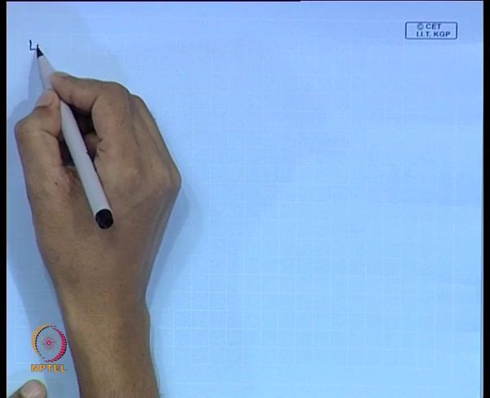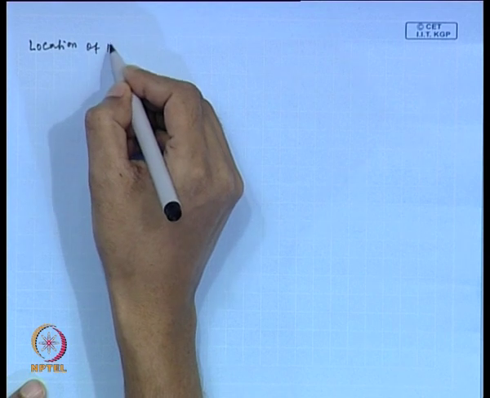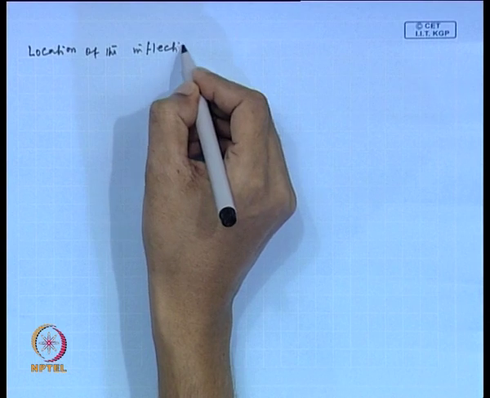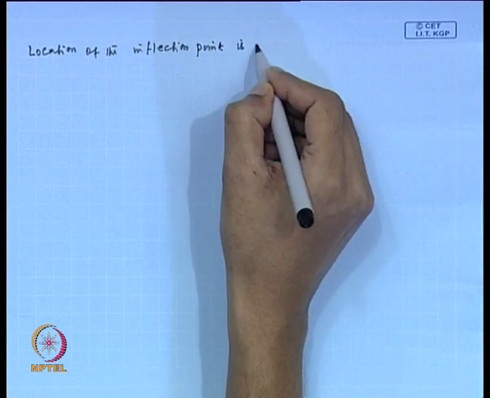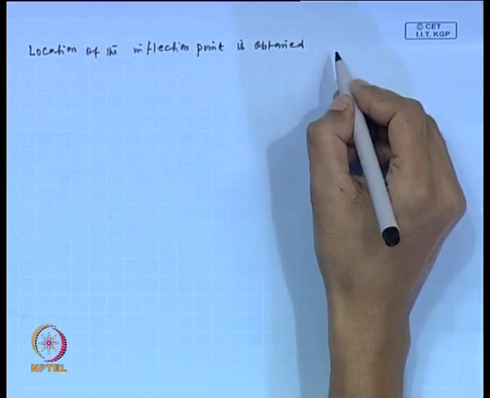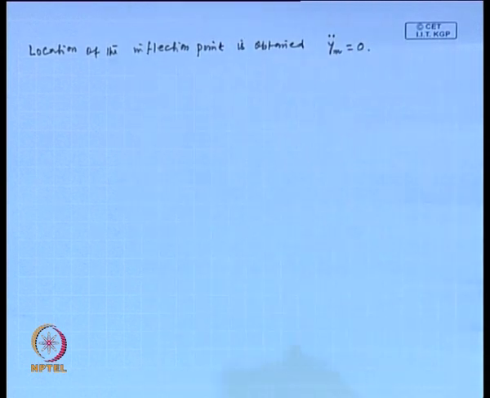The location of the inflection point is obtained by setting the second derivative equals 0.